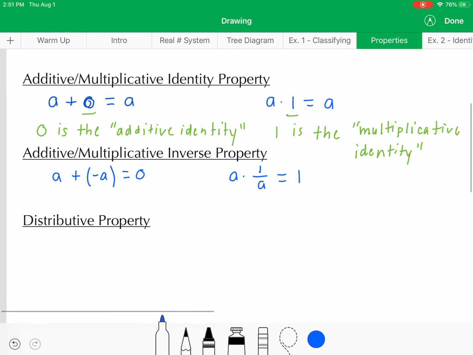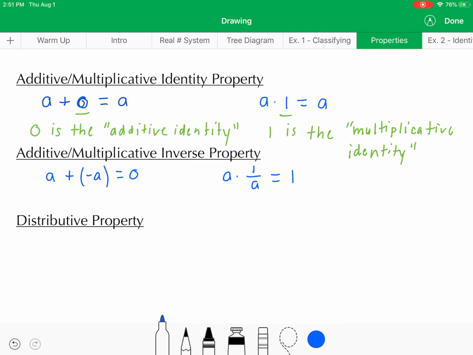All right, and our last property, I'm sure you're very familiar with, the distributive property. If I'm taking a number a and I want to multiply it by the sum of two numbers b and c, that would be equivalent to a multiplied by b plus a multiplied by c.